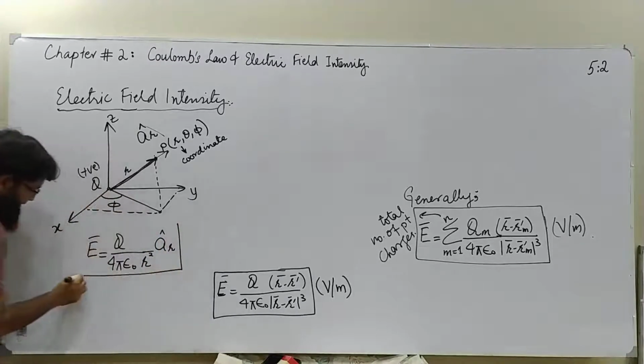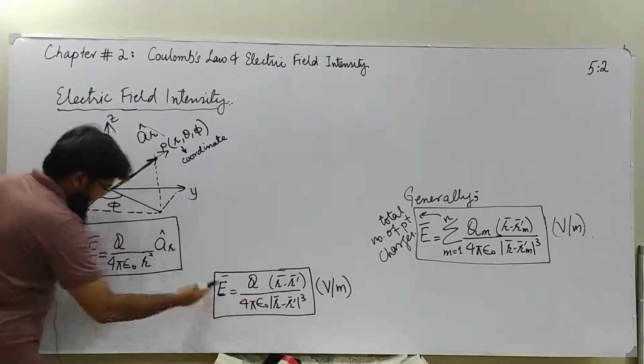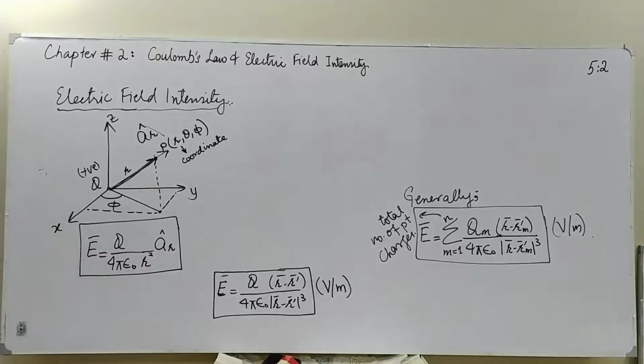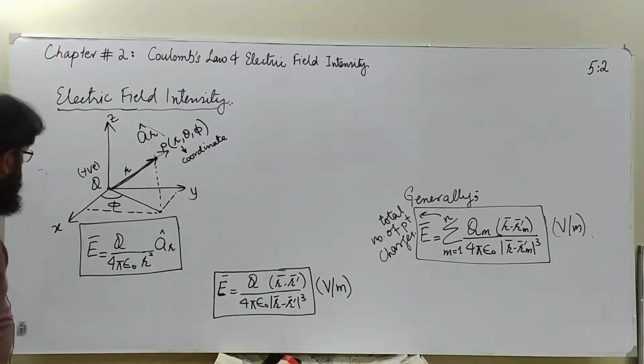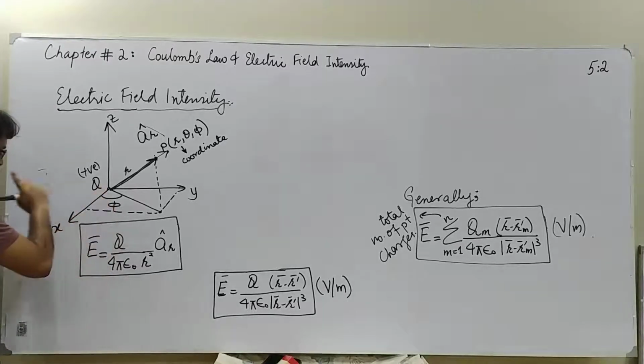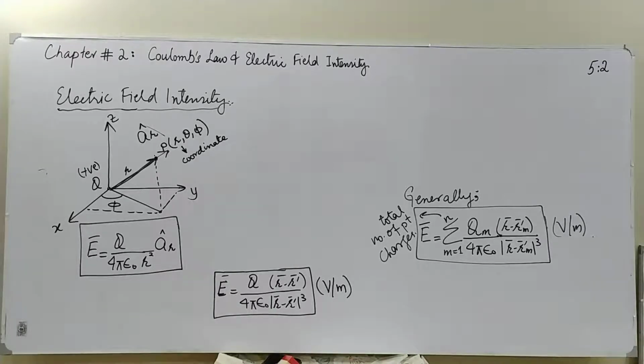So you can see that this expression has been reduced to this expression because we made an intelligent choice of coordinate system, keeping the source at the origin. Had we used some other coordinate system, let's say the Cartesian coordinate system, then the situation would have been totally different.